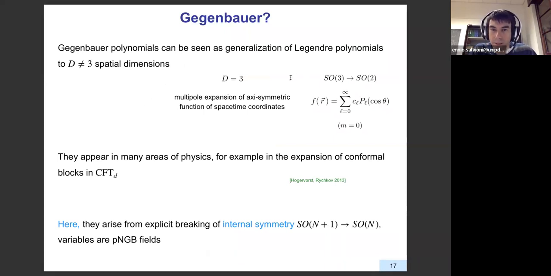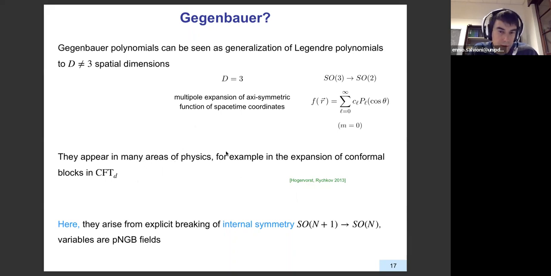So for example, here I put the case of d equal 3, which is the one that gives Legendre, and we know that if I have a certain function that is axisymmetric, with an SO(2) remnant symmetry, then I can expand it as a series of Legendre polynomials. And the same I can do in a spatial dimension different from 3. They appear in many places, and I just put one example here, the expansion of conformal blocks.